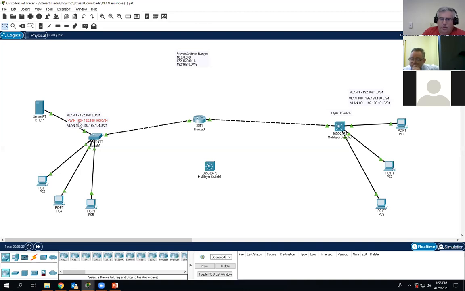But I could have had it just say VLAN 100 and had this IP address be different than this IP address, and it would have worked fine. So the VLAN numbers don't have anything to do with the IP address, but just for management purposes, it's a lot easier if you make them be significant somehow.